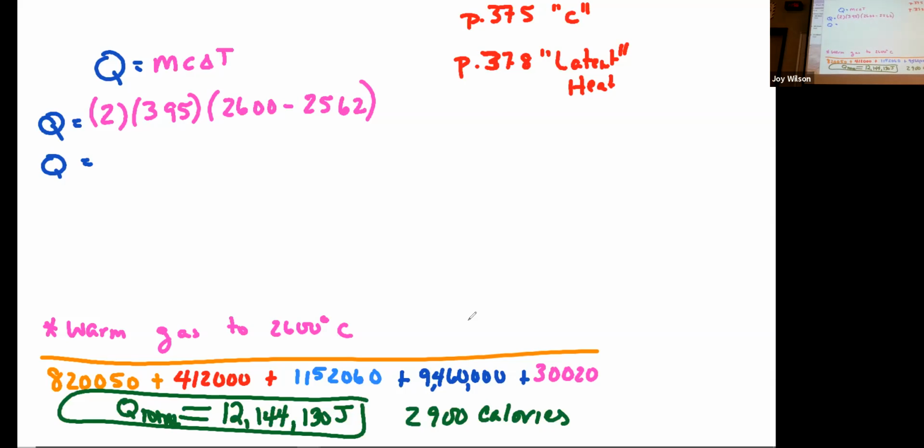What I want you to understand about that is, if this had been sweat off your skin, the sweat absorbs heat energy from your body and vaporizes. The heat of vaporization for water is 225,000 joules for every 1 kilogram of sweat.